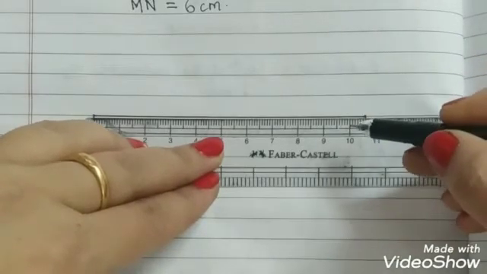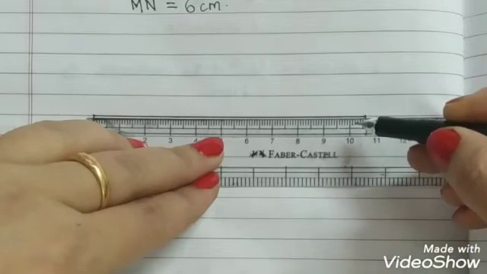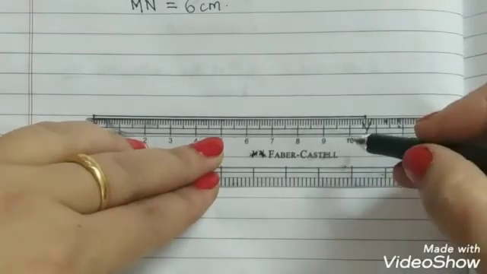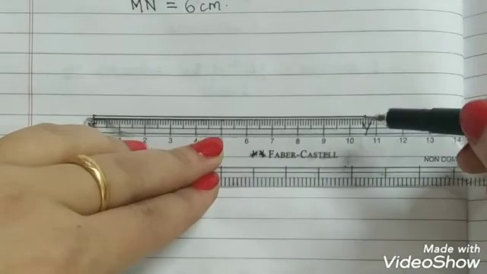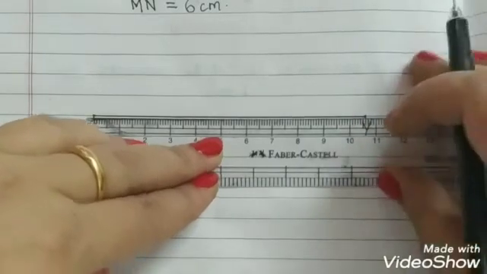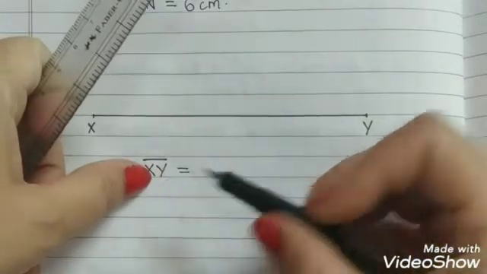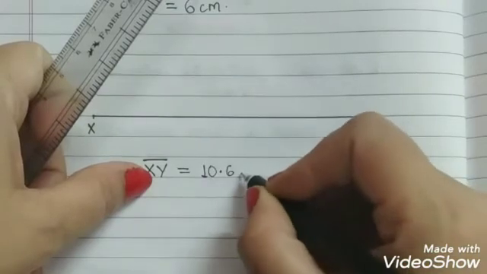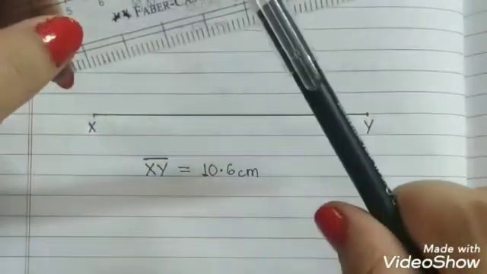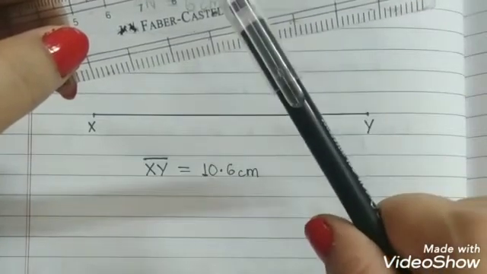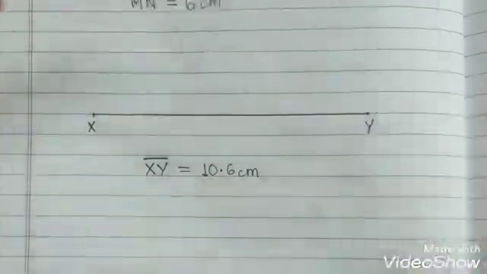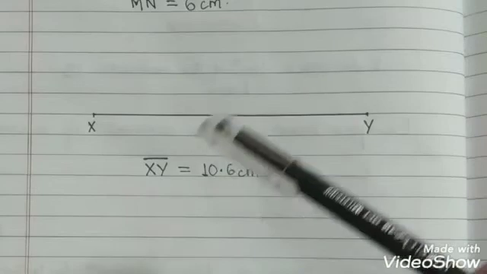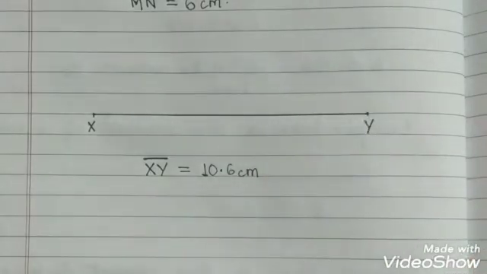Let's count after 10: 1, 2, 3, 4, 5 and this is the 6th. The 6th division coincides with the point Y. So the reading is line segment XY is equal to 10.6 centimeter. 6 divisions after 10 can be read as 10.6. So this is the measurement of the line segment XY. In this way, we can measure the line segment with the help of the scale.